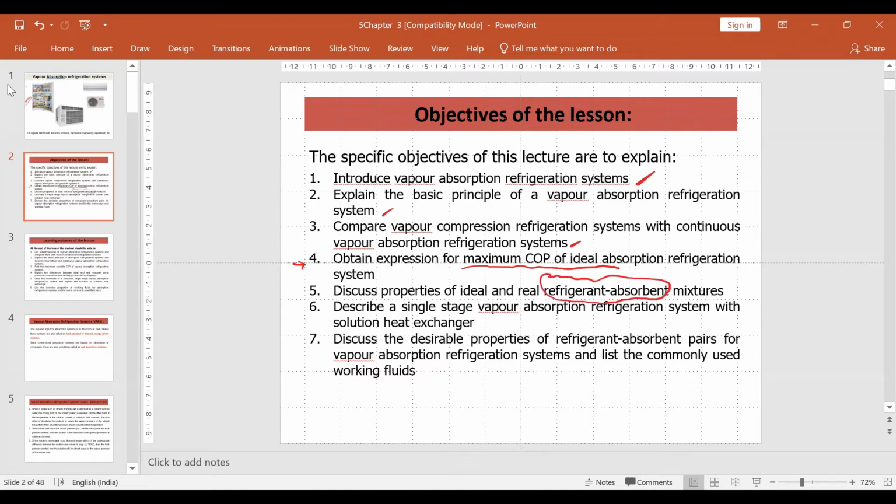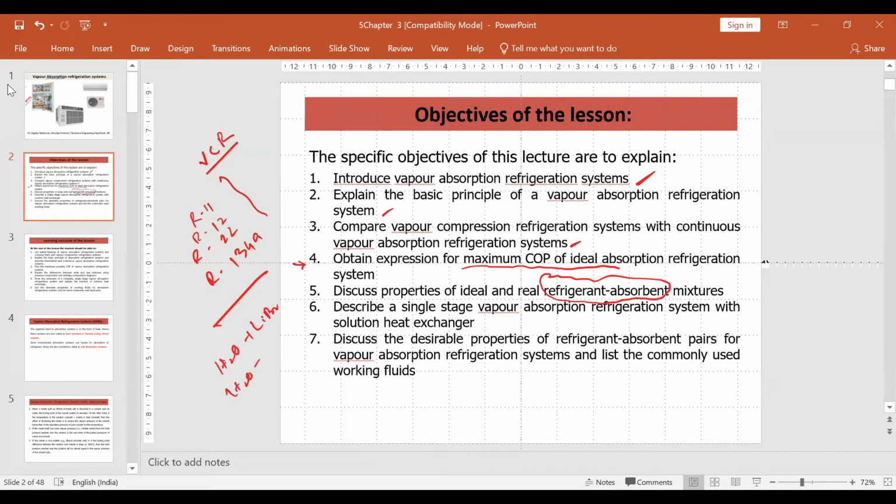We'll study which one. In case of vapor compression, we are using R11, R12, R22, R134a. These are the refrigerants generally we are using in vapor compression refrigeration system. But in case of vapor absorption system, instead of using this one, we will use water plus lithium bromide solution.